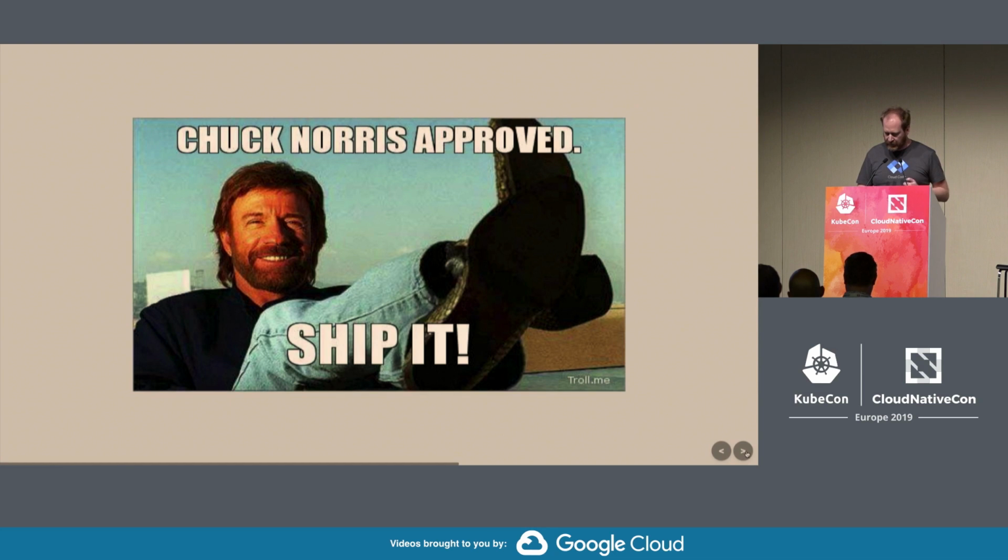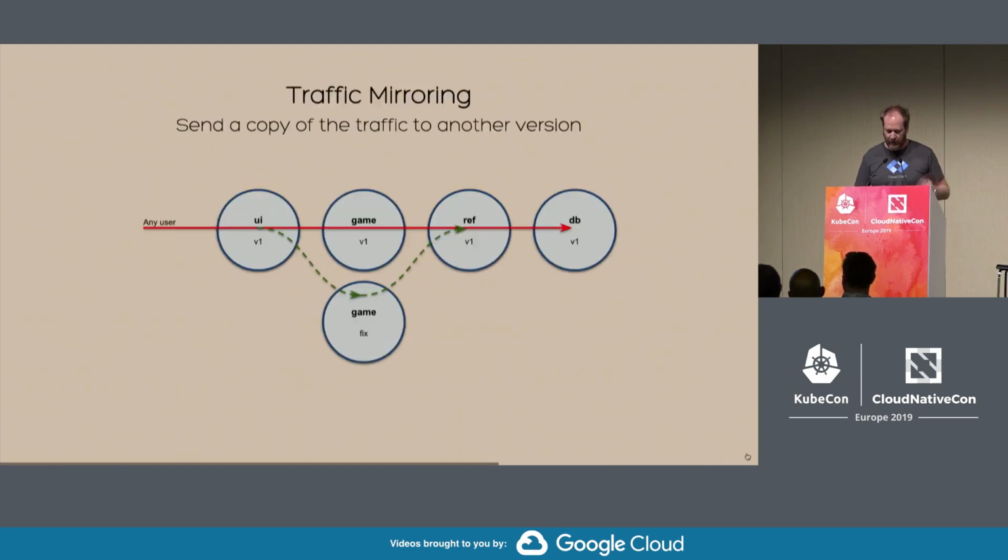But there's a nice way to do it with traffic mirroring. With traffic mirroring, we are able to deploy two versions of the same application. One, the V1, is going to answer the users, so they're going to see the bug, but also their queries will be sent to the fixed version of the game, so that we see if it behaves correctly in front of all the users.